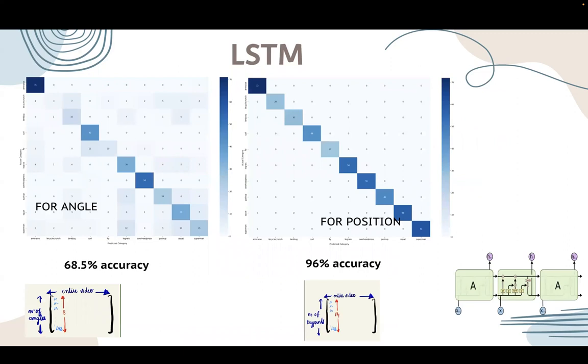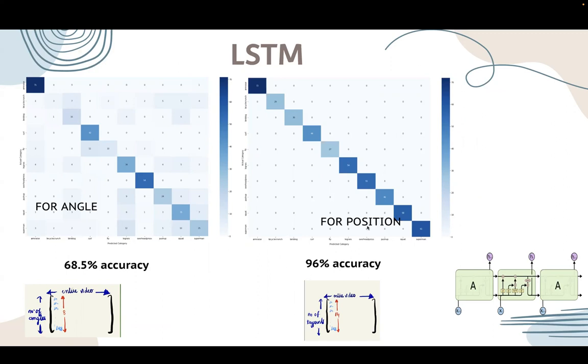As LSTMs are data hungry, we have 65,000 repetitions from 1,000 videos of data, which is good enough for training the LSTM model. Passing both angle and position based sequential inputs, we got 68.5% and 96% accuracies respectively.